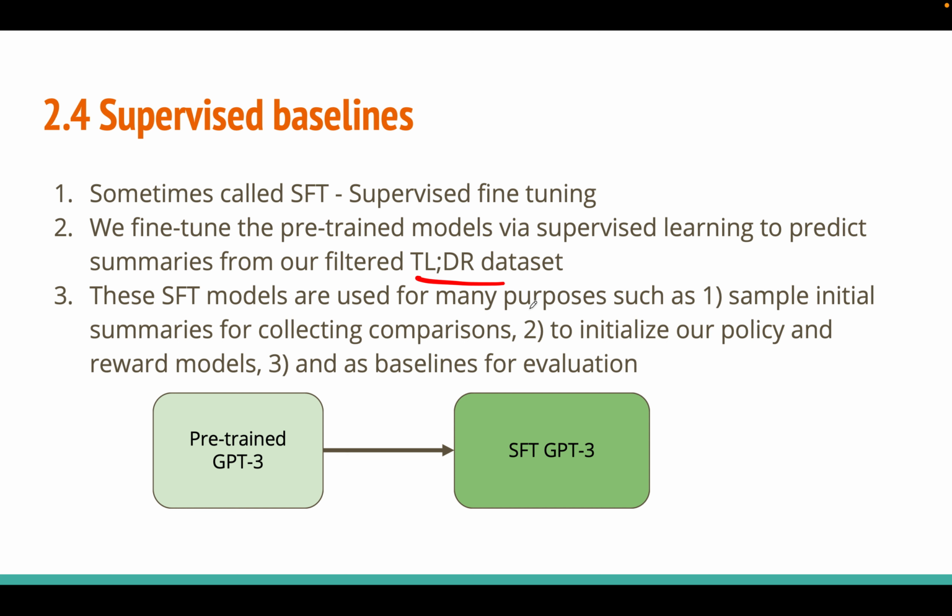For the reward model, we use the SFT model and plug a linear layer on top that predicts a single value. And we obviously use this model for the baseline evaluation. So we go from the pre-trained GPT-3 model, with the TLDR data set, to this SFT GPT-3 model.